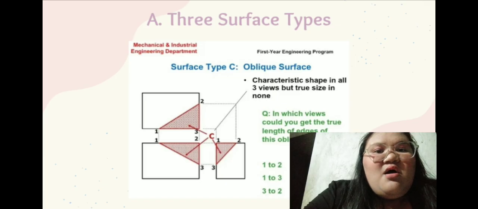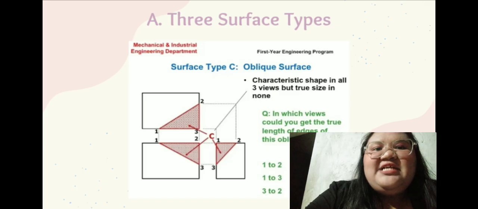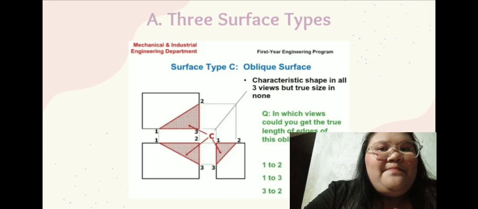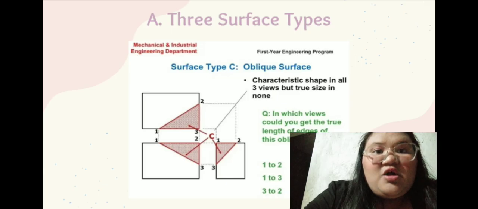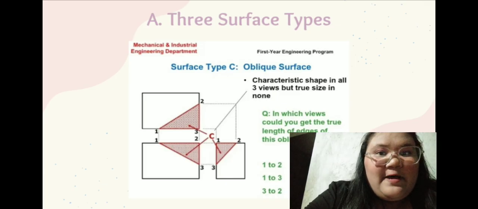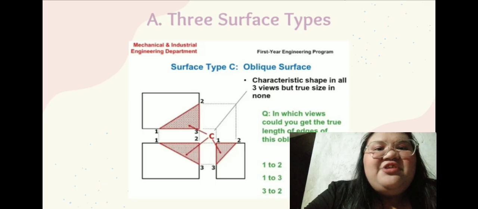These numbers represent the corners of the surface. They help track how each point appears in each projection. For example, point 1 in the top view corresponds to point 1 in the front and side view. This helps engineers understand how the shape transforms between views.